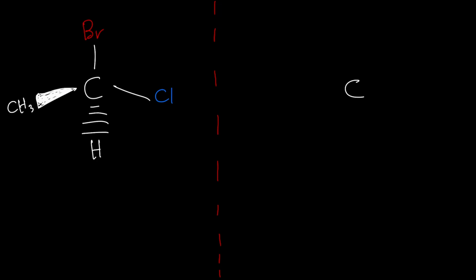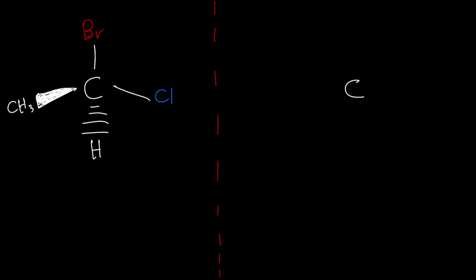Now let's go over how these would affect R and S configurations. How do we draw the enantiomer for this compound? First thing you want to do on the right side is draw the carbon.